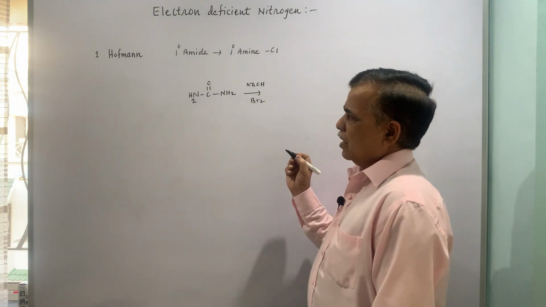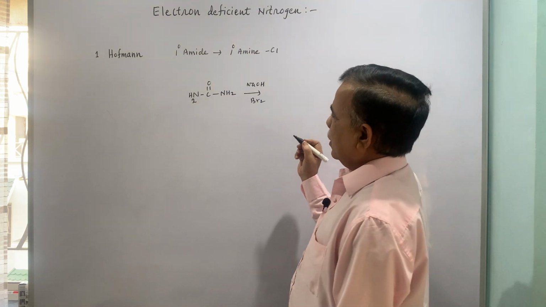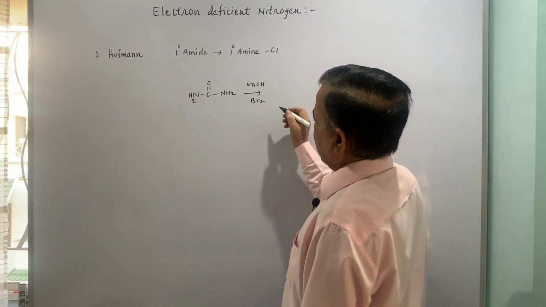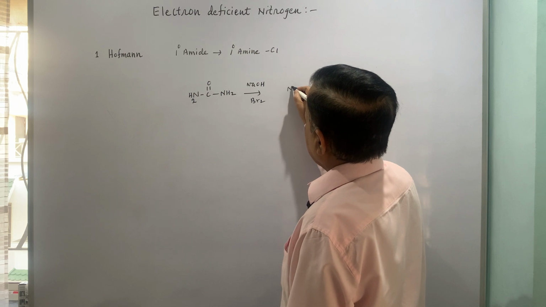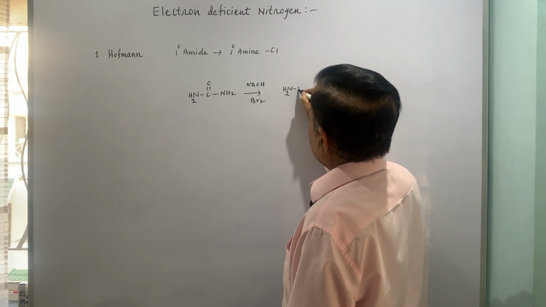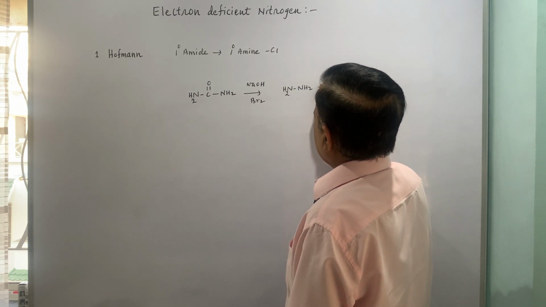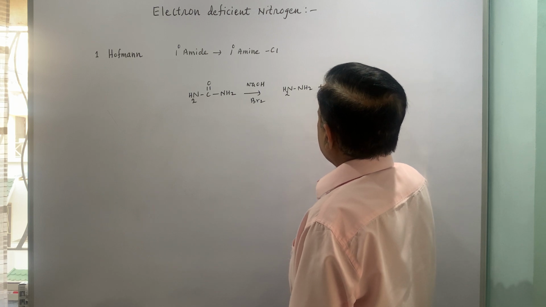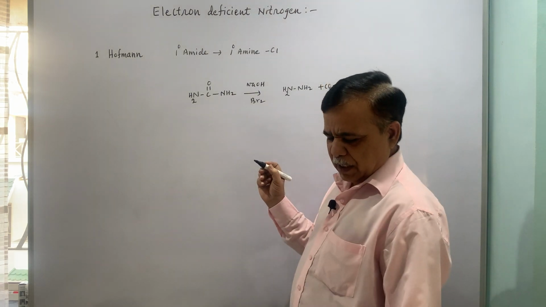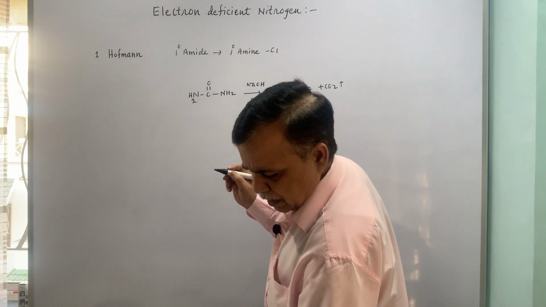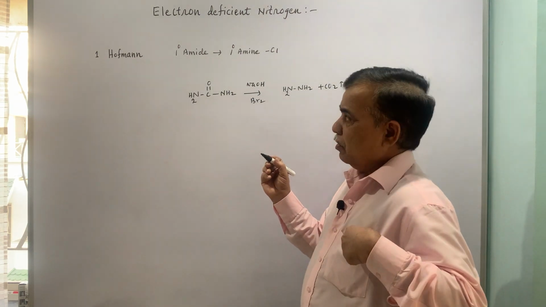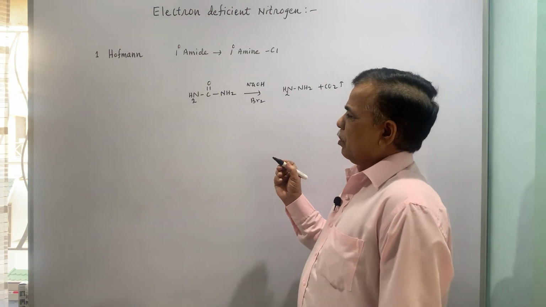See, urea is one of the amides, treated with NaOH and bromine and you get hydrazine with loss of CO2. This is the simplest example. We will come to the complex examples also when we go for the problem solving.